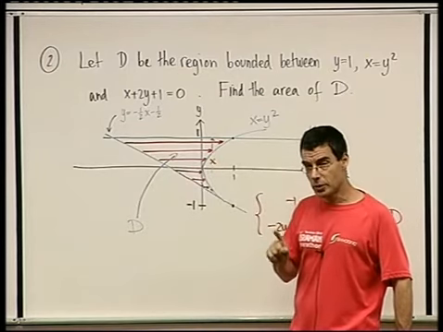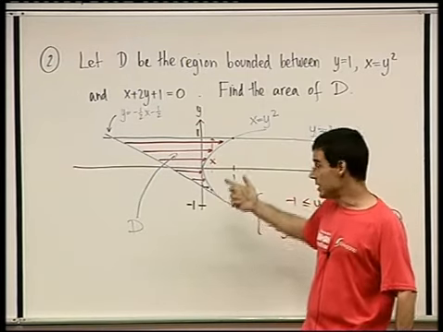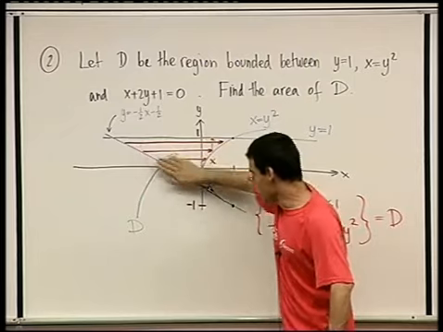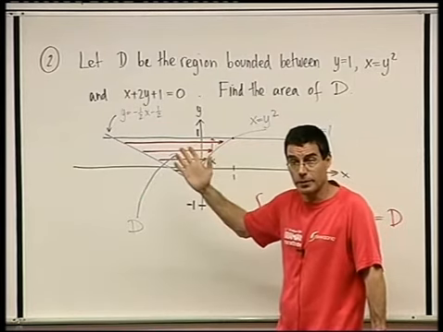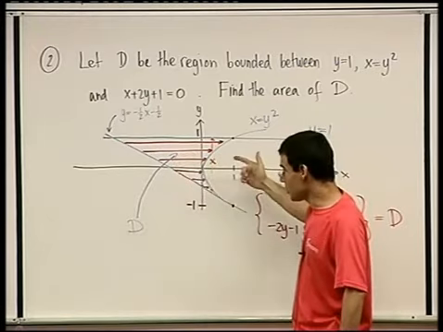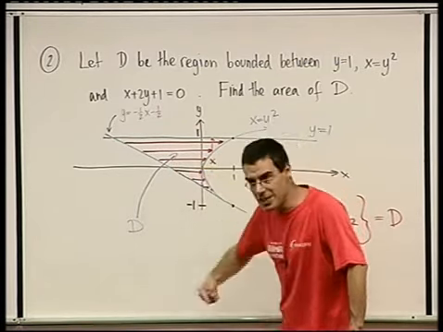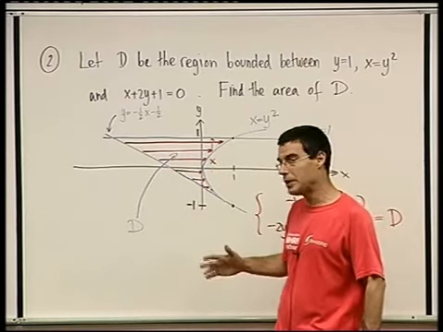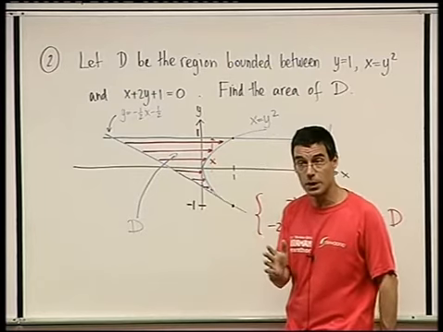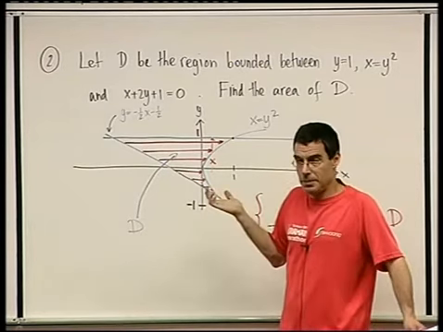The double integral of the function 1 over the domain D is the area of the domain times the height. The height is fixed, it's 1. So the double integral of the function 1 over this domain is precisely the area of the domain. If you were doing it in units, you'd get the area in units of volume. But since we're just thinking of the numbers, it doesn't matter.